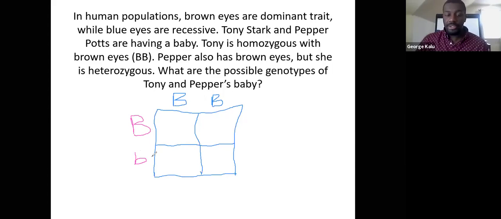So now that we know their genotypes, the next thing we're going to do is cross all of these and see what possible genotypes we can end up with for their baby. I'm going to do this in a third color, so we'll do this in green. We're going to take this box and this box over here. So these first two boxes would give us what genotype? What would we get in this first box here? Two big B's.